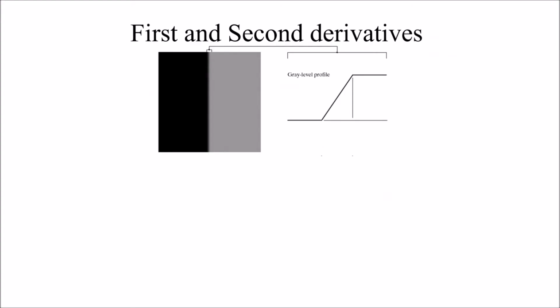As previously mentioned, we have two types of operators to generate the edge, that is based on the first and the second order derivative. Basically, based on this image, we have the ramp profile of the image. For the first derivative, we can simply find the edge based on the profile of the ramp.